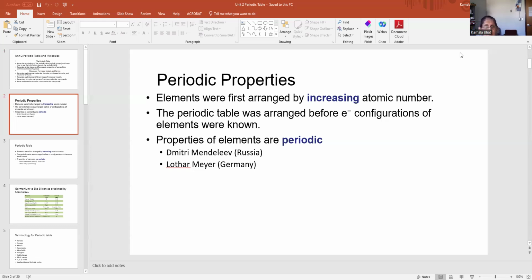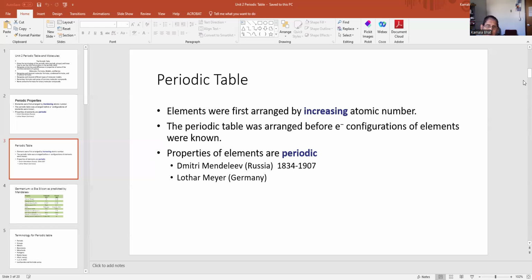Because in 1871 or so, when the periodic table was first put out, there was no information available about the electronic configurations of elements. And so now we see that the periodic table law says that elements are arranged by increasing atomic number, and previously it was by atomic weight.